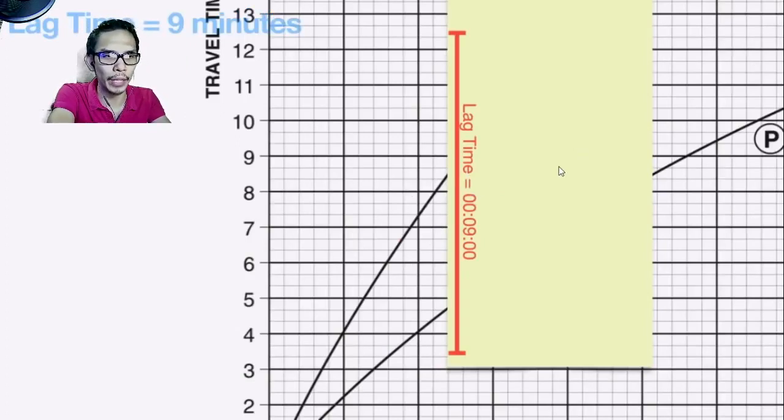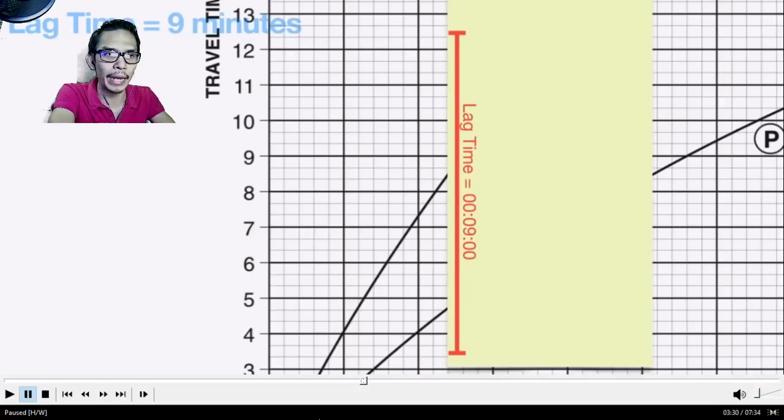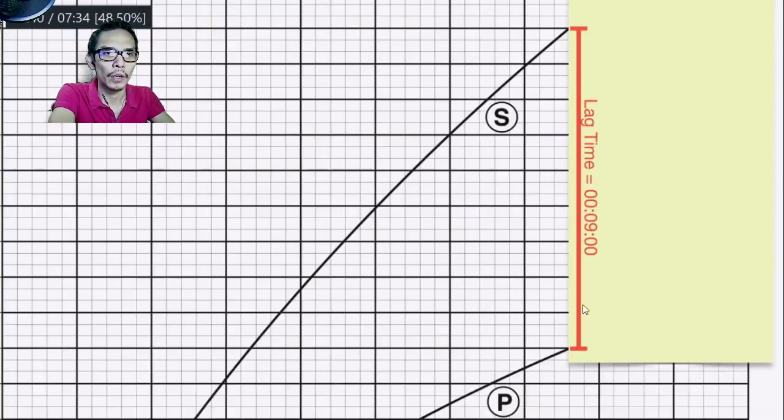You will try to find out on the wedge what part of the wedge these 2 lines, the one at the top and the one at the bottom, will align. So it is somewhere here.